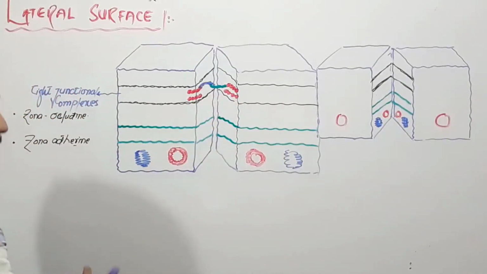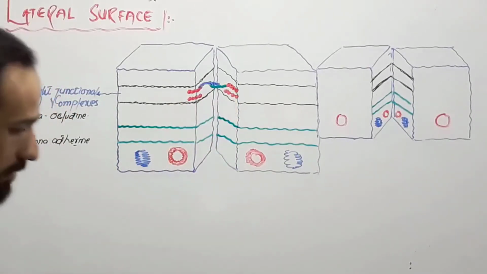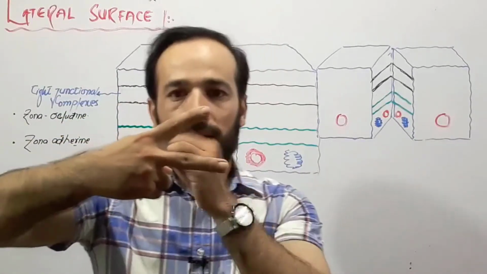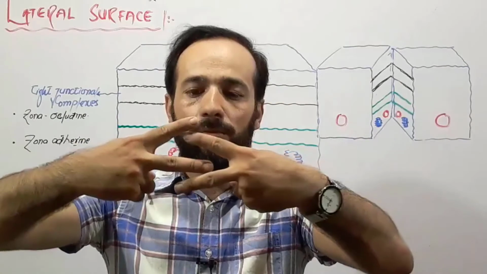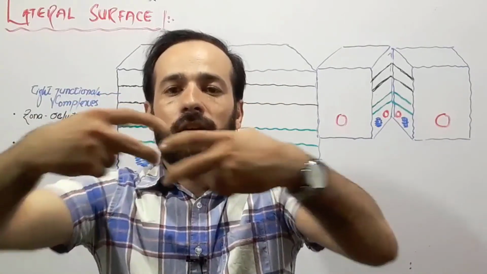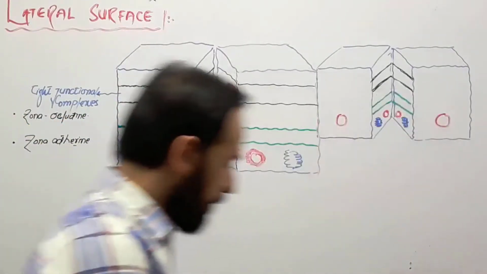So they make the connections here. Look carefully: my hand is the zonular proteins and these are the occludens, and from that side also, so they make a very tight junction like this. This is from one cell and this is from the other cell, and they make very strong connections.